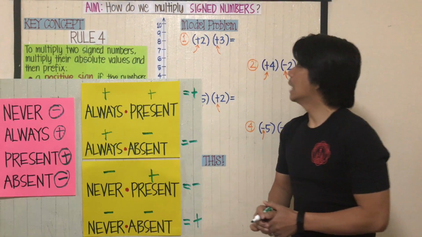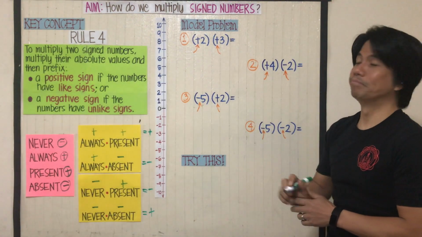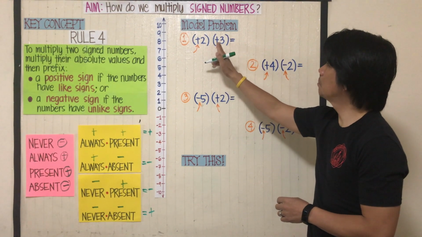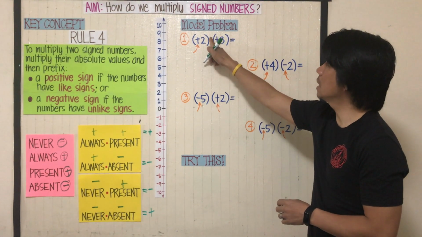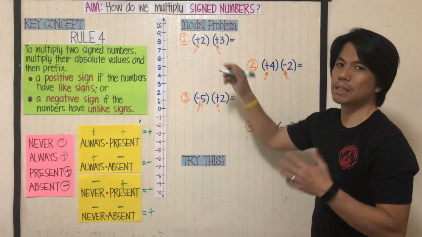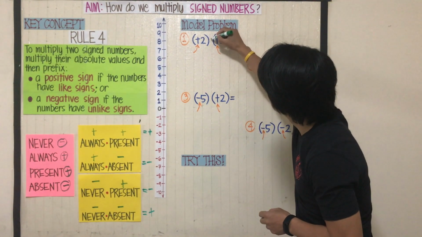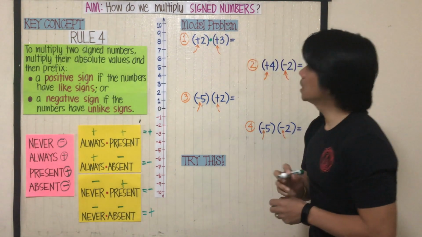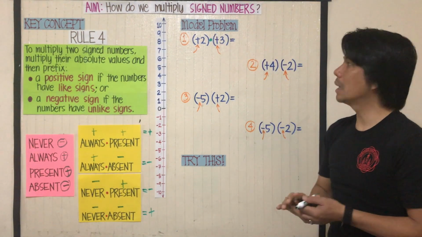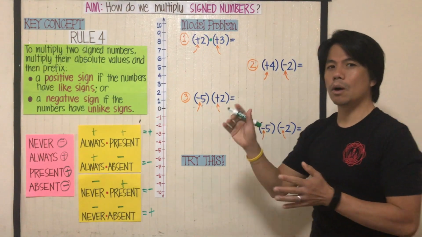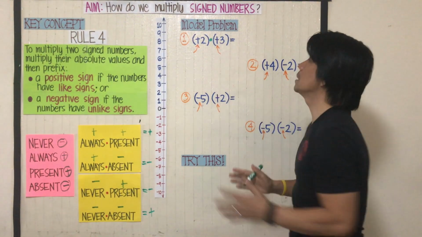Here we go. Now let's take a look at the model problems. Number 1: positive 2 times positive 3. If you notice, there's no sign in between the parentheses. That means it's multiplication. Or sometimes they use a dot to signify multiplication. But without the dot, that is still considered multiplication as long as there's no operation in between.